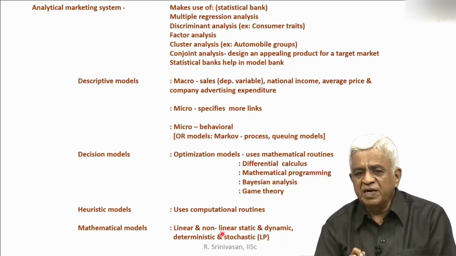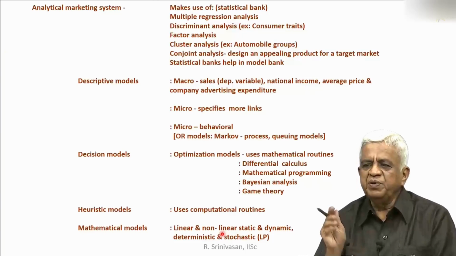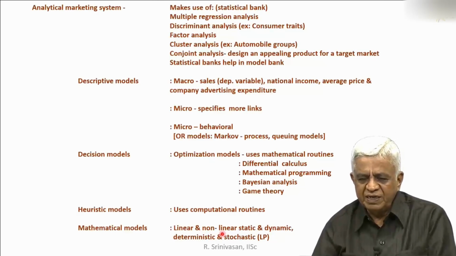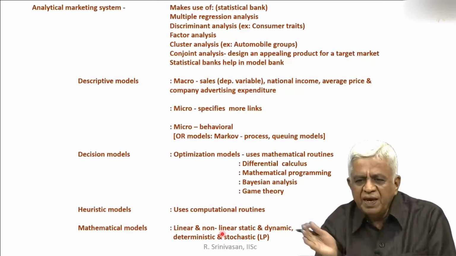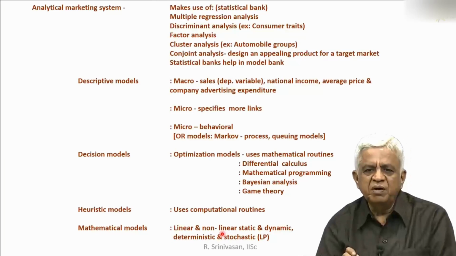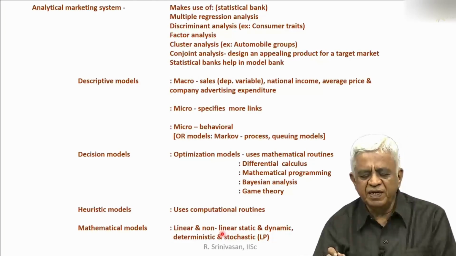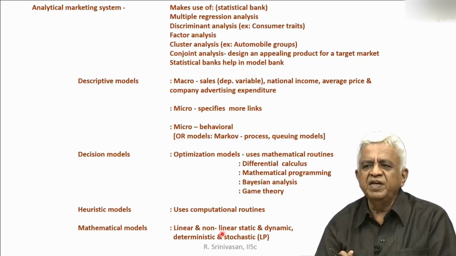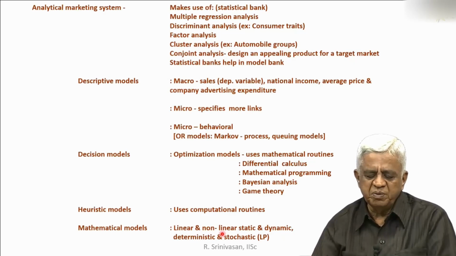When you use the stochastic method, you attribute a probability for that. You say this may affect the demand by 20%, so you give a probability of 0.2 for that. Then you look at the other variables and give them different probabilities.